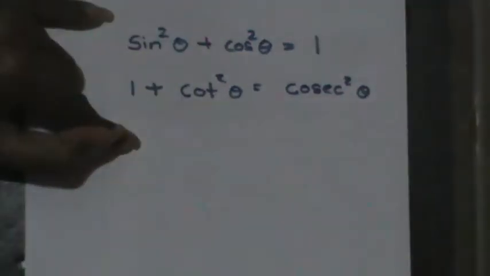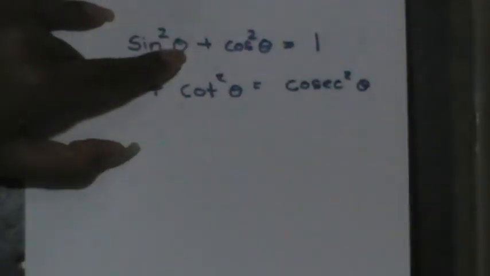Now you know that cos theta by sin theta is cot theta, so this is cot squared theta. And 1 upon sin squared theta is 1 upon sin theta, whole squared. From the reciprocal identities, 1 upon sin theta is cosec theta, so 1 upon sin theta squared is cosec squared theta. So 1 plus cot squared theta is equal to cosec squared theta.